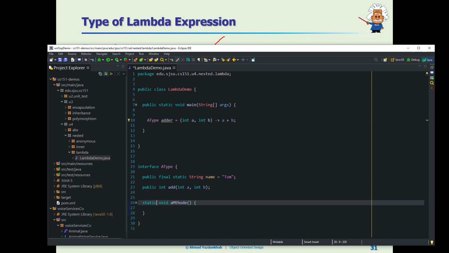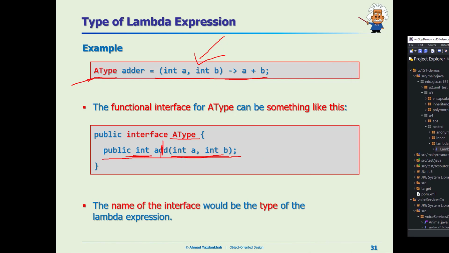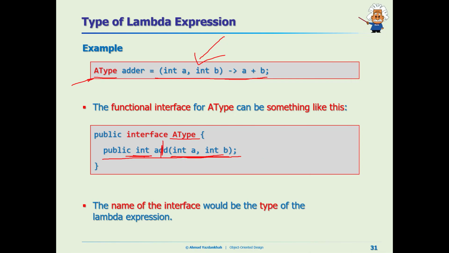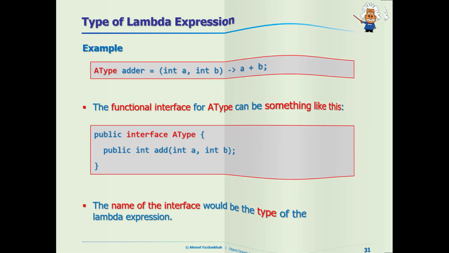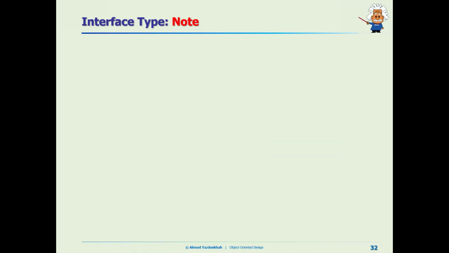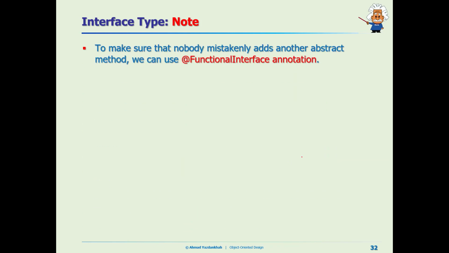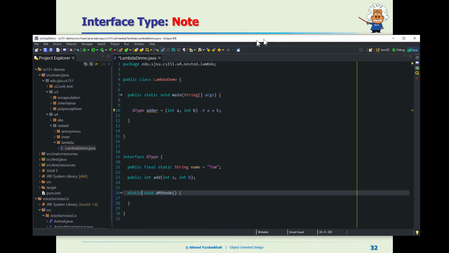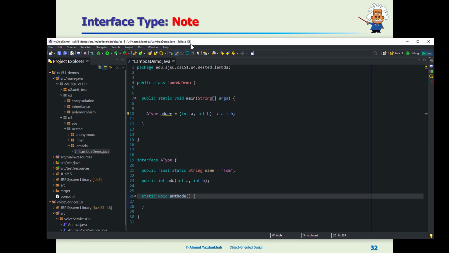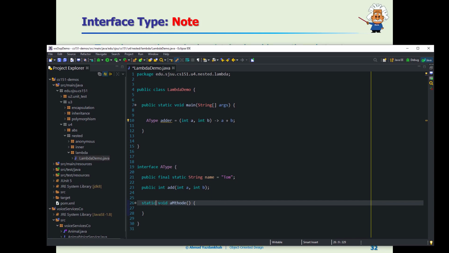Okay, so now let's see what we got here. We have some notes here. In some cases, let's say you created this functional interface, and since we said that we need to have one and only one abstract method here, right?